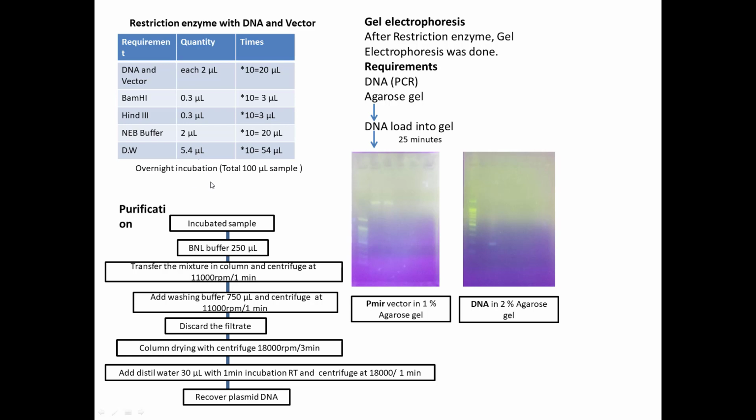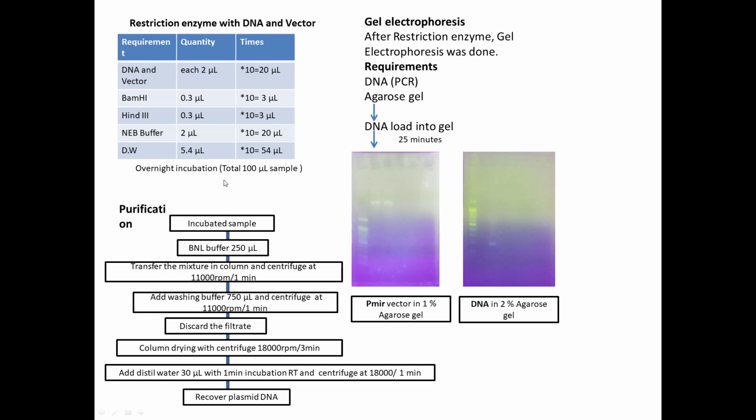The following day for the purification process I used the BNL buffer, and I also used the washing buffer of about 750 microliter. After that I used the column drying method at 18,000 rpm for 3 minutes, and I recovered the plasmid DNA in distilled water at about 30 microliter.